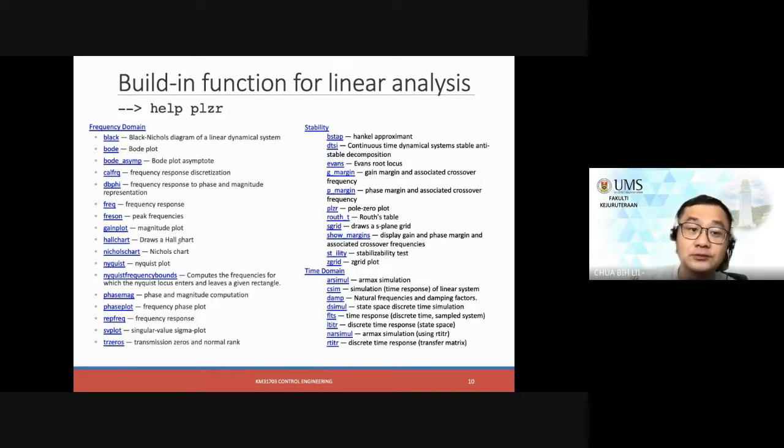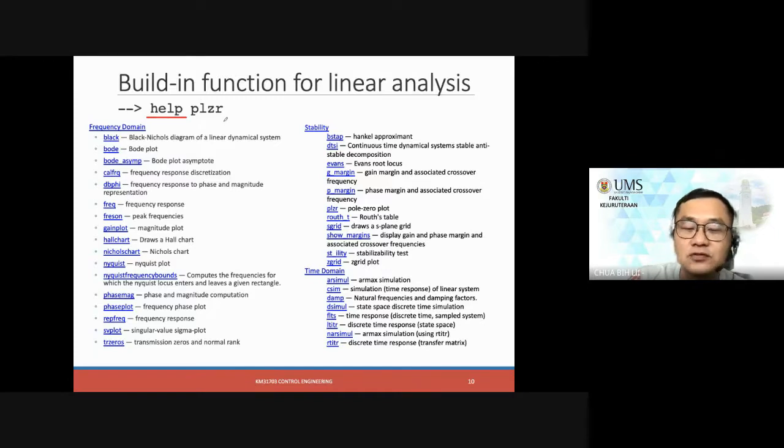There are a lot, but just get familiar with the previous few functions first. Then slowly after you understand, you can start to explore further. How to explore further is just in the console. You just type help and the function.